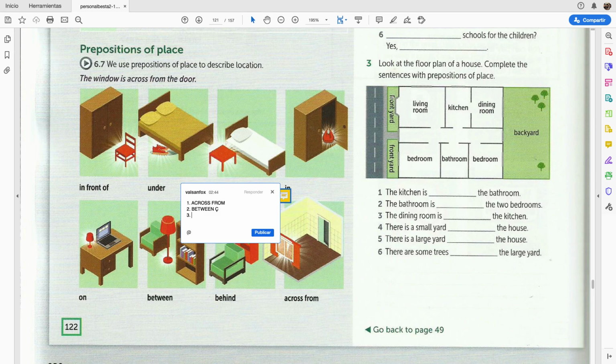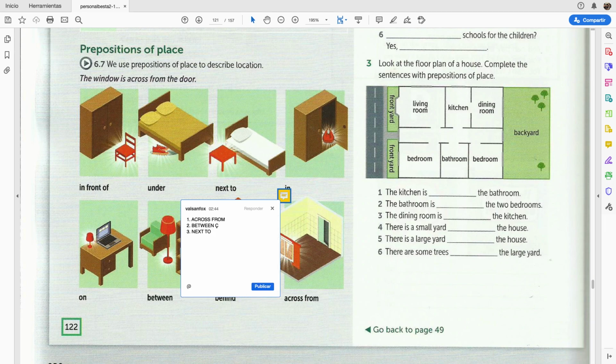The dining room is the kitchen. Can we say, for number 3, the dining room and the kitchen? Oh, that's very easy. Next to. Next to.